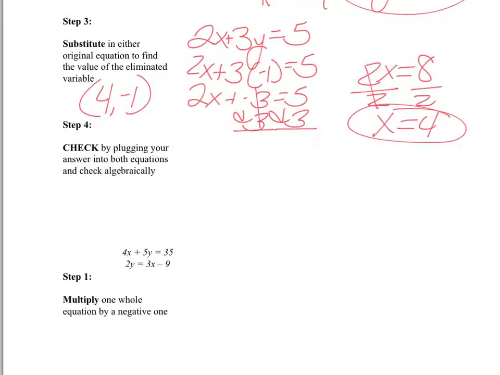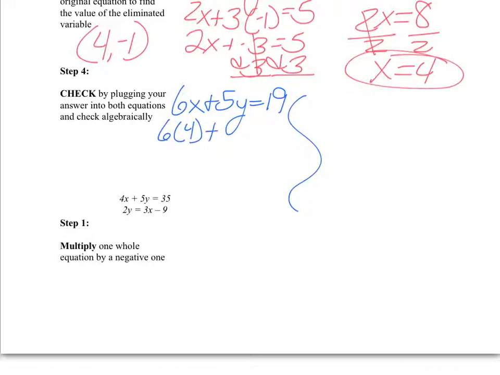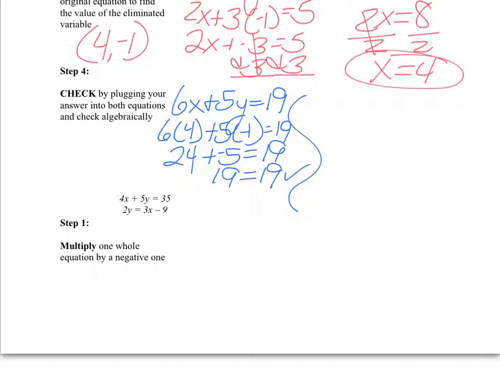And now the last thing to do, just like normal, we need to check them. Back in the original equations again. So 6x plus 5y equals 19. 6 times 4 plus 5 times -1 needs to give me 19. 24 plus -5 needs to give me 19. 19 does in fact give me 19, so my answer checks.